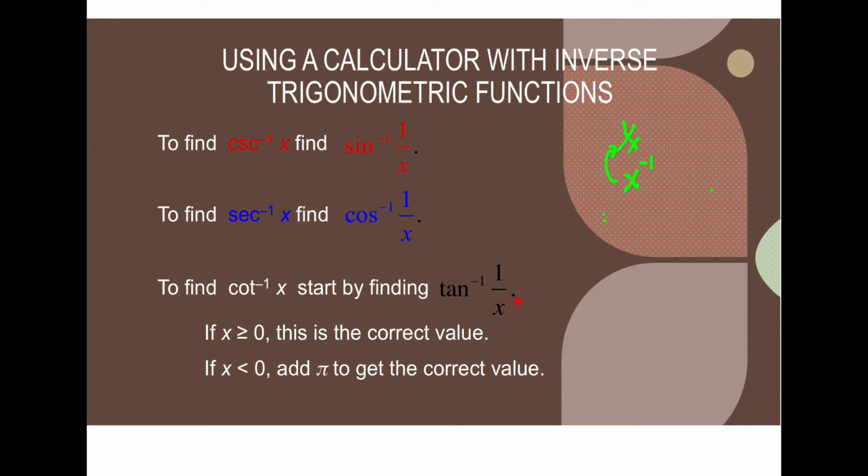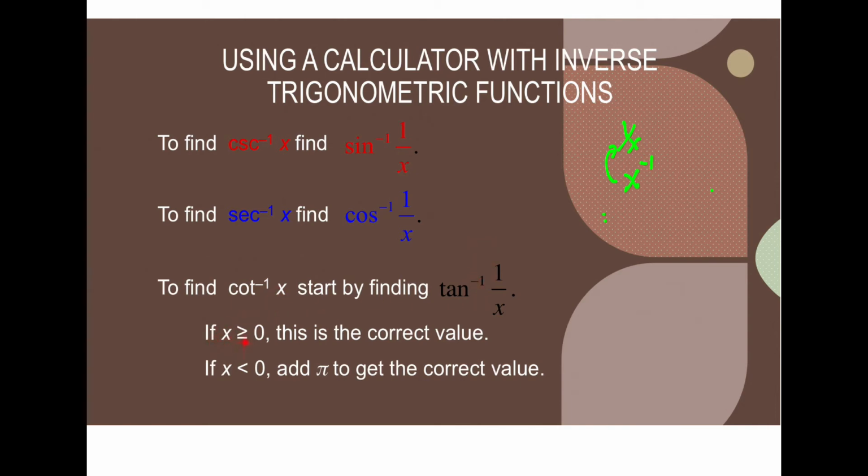Tangent is from -pi/2 to pi/2, but cotangent is from 0 to pi, because with their graphs, that's where the asymptotes are. And so we just use those. So with cotangent, we have to be careful because of those different range and domain values.